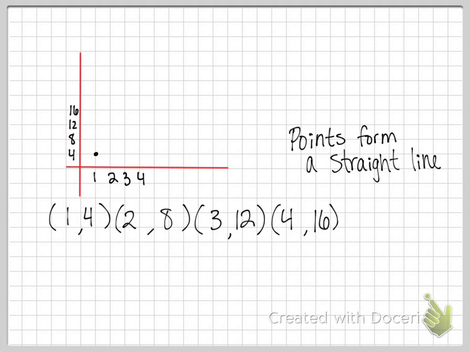Kind of a straight line. We have another straight line, but this time it has what kind of slope? Positive. This time it has a positive slope, which should make sense because on this one, our y values, in this case, or our sequence values, were increasing. On the last one, if you look back at it, your sequence numbers were decreasing. But again, what do we notice about them? The points still form a straight line.